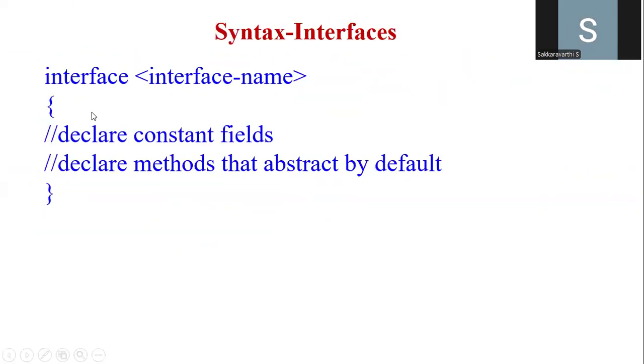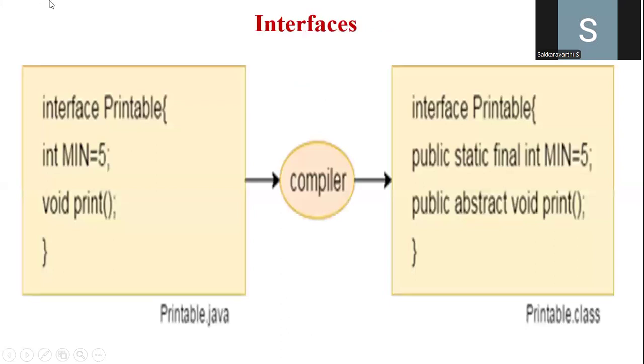So the syntax of an interface: interface name, declaring the variables in the interface, by default it's a constant field, and the method is by default an abstract method. It's a simple pictorial representation: interface name, int min equal to 5, and void print().